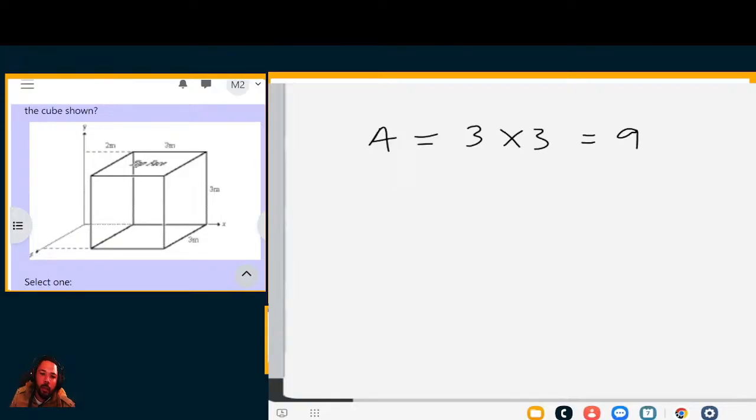But here's the problem. We don't just want the area, we want the area vector. Now an area vector is simple. It is basically the area that you calculate, and then you draw a perpendicular line. Let's say this is the box we're looking at, the top surface only. We've already calculated the area. It's 3 meters this way and 3 meters that way.